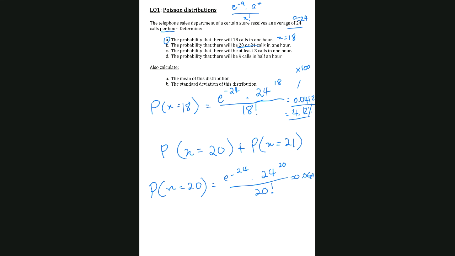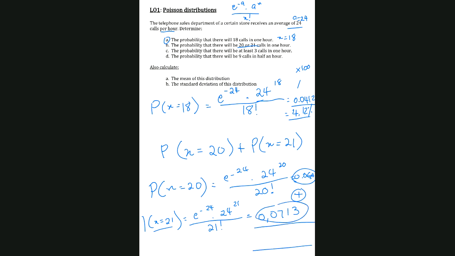Then when you substitute 21 in place of x, that would be e to the power of minus 24 times 24 to the power of 21, is your x now, and then 21 factorial. So that would give you 0.0713.